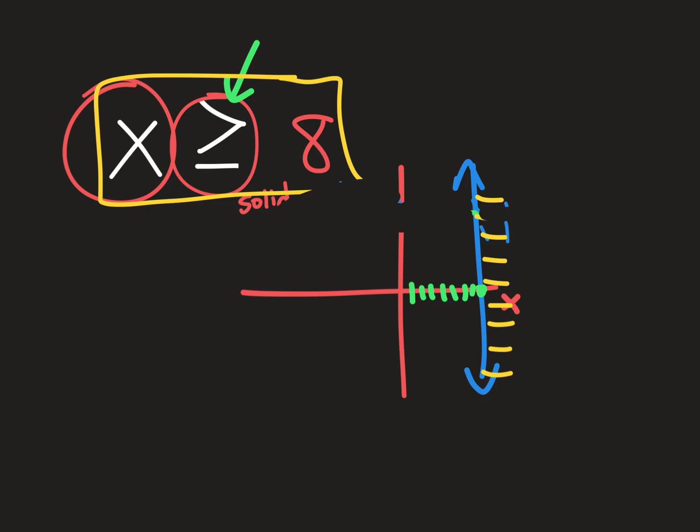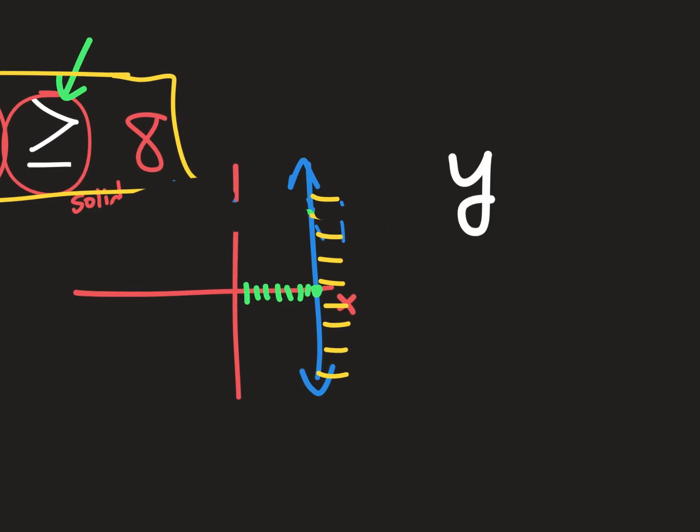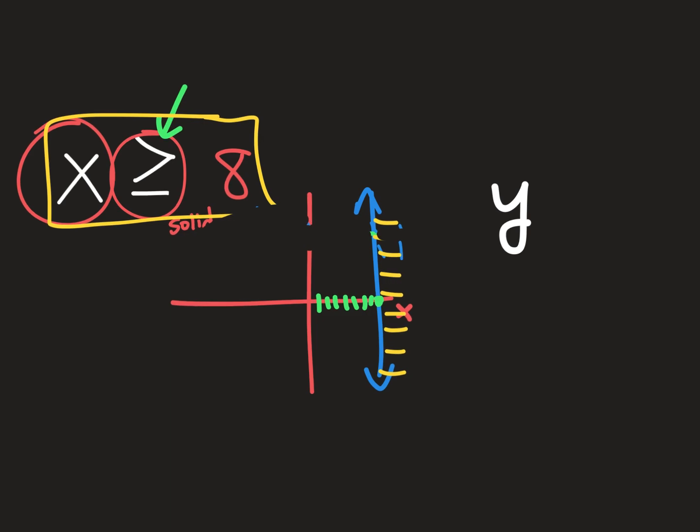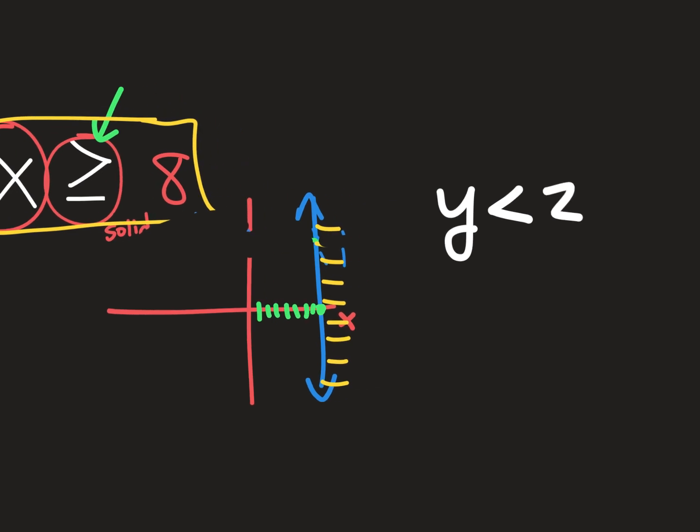All right. So if you understood that, can you please graph for me y, notice not x, y is less than, notice not less than or equal to, 2. Everybody please graph y is less than 2. If you're stuck, first think, where's y equal to 2?